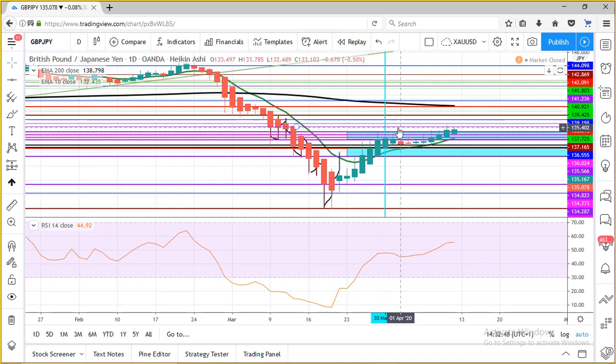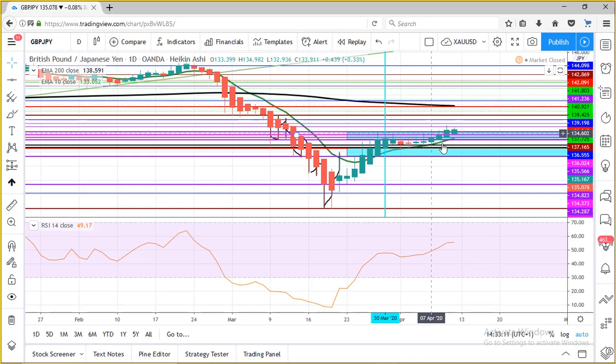At this level that we had these candles, how many candles got to that point? 1, 2, 3, 4, 5. Well, it's possible that we get to this point this week.